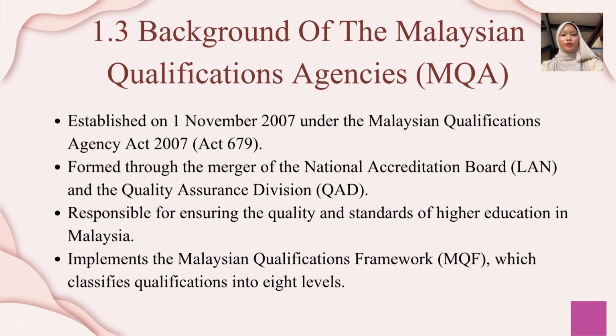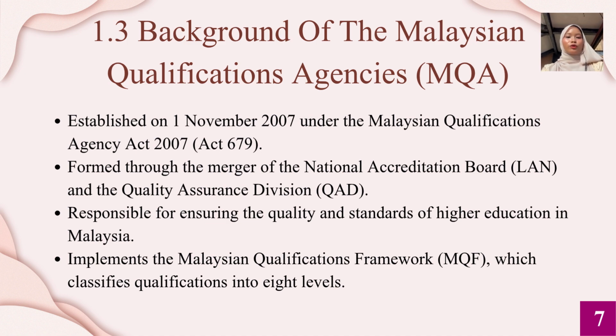Moving on to section 1.3, let's look at the background of the Malaysian Qualification Agency, or MQA. The MQA was officially established on November 1st, 2007, also known as Act 679. It was formed through the merger of two previous bodies, which are the National Accreditation Board (LAN) and the Quality Assurance Division (QAD).